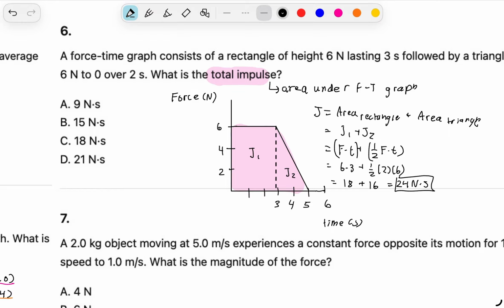So your answer is going to be 24 newtons times seconds, because this is 6 by 3, and this is 1/2 of 6 by the time interval of 2. So actually the answer for this should be 24.